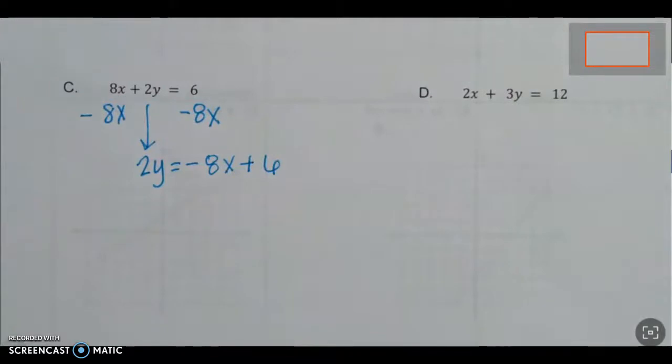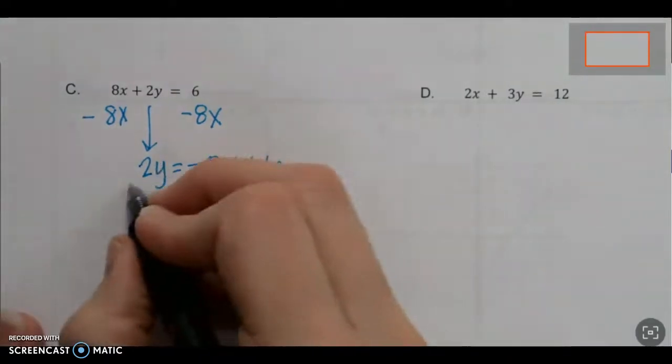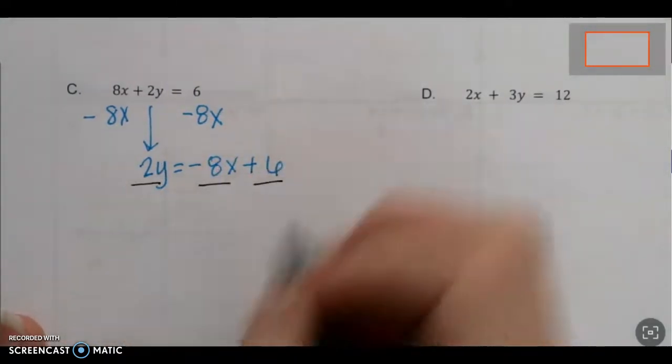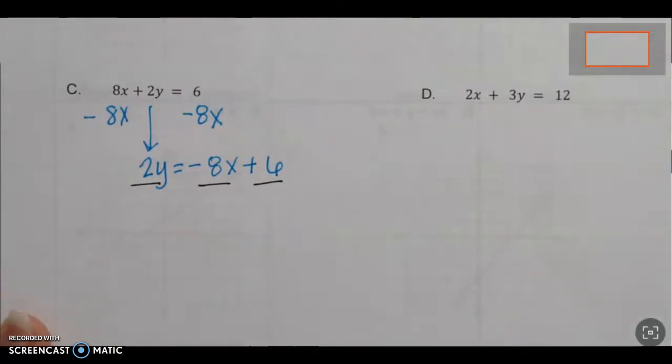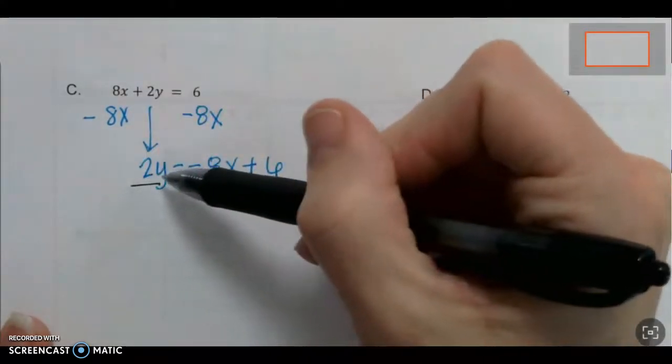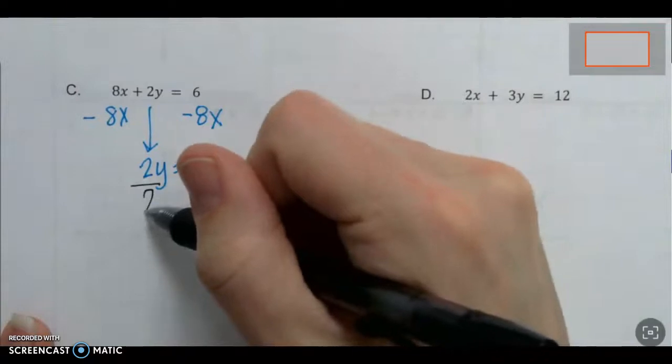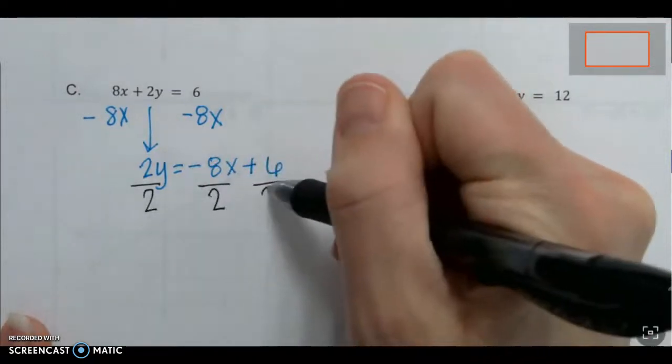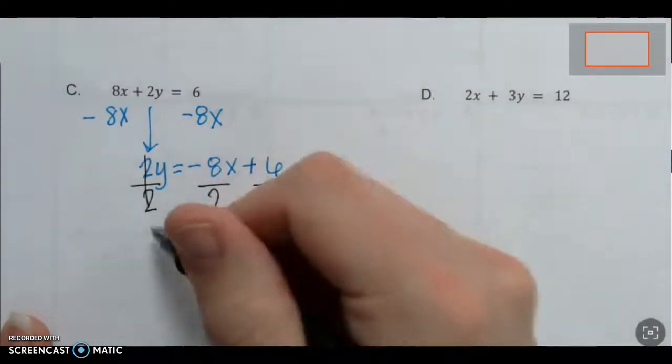Okay, I still have to get rid of the 2 that's with my y, so that's where I added that step on problem B by dividing. So we're not always dividing by -1, we're not always dividing by 2, it's whatever number is attached to y, we're going to get rid of that. So we'll divide by 2, and these just happen to come out nice and pretty for us.